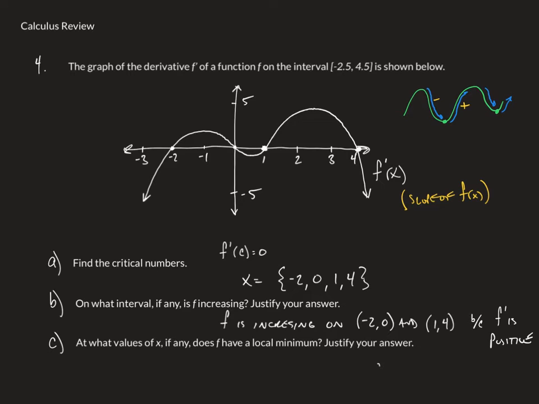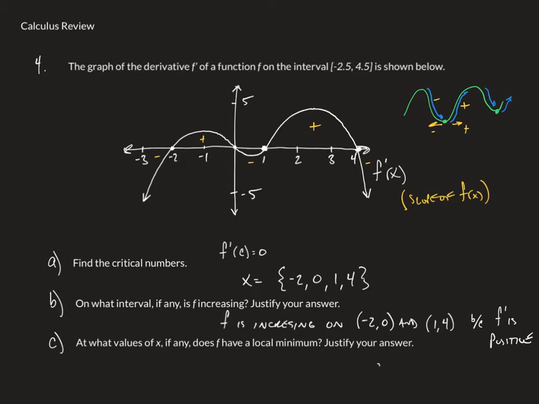Any place where I've got a negative slope over here and a positive slope over there is going to be a local minimum. Let's take a look at where our slopes are negative and positive. We've got a negative slope here, positive slope there, negative slope there, positive slope there, negative slope there. We'll look for all the places where our slope goes from being negative to being positive, and that's going to be here and here.